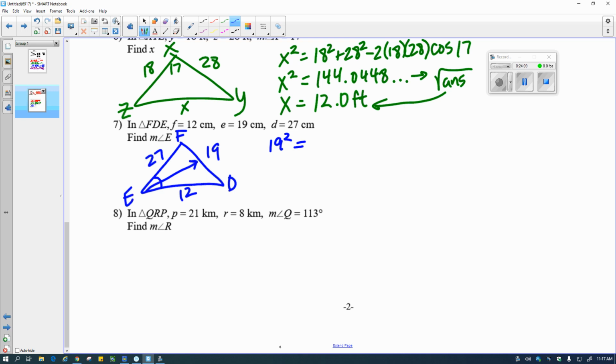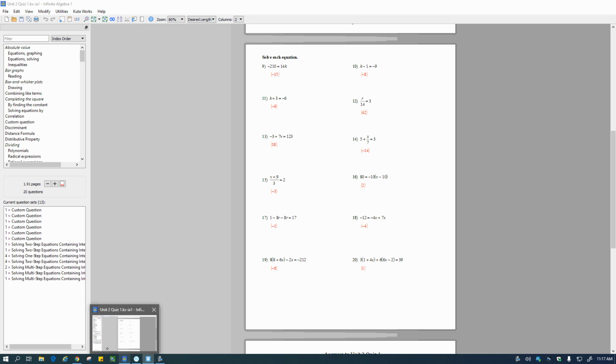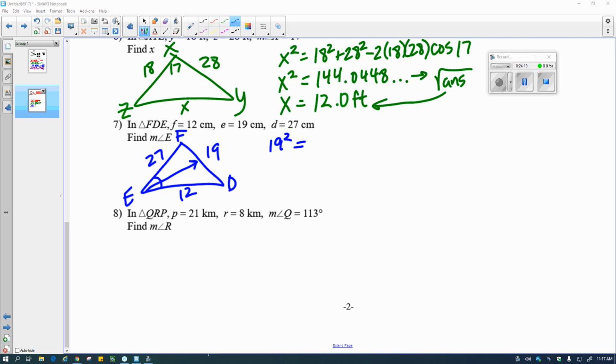I can put the next ones in any order that I want to. But the side opposite the angle I'm looking for is the one that has to be farthest apart, okay? So I can now do 27 squared plus 19 squared minus 2 times 27 times 19 times the cosine of E.